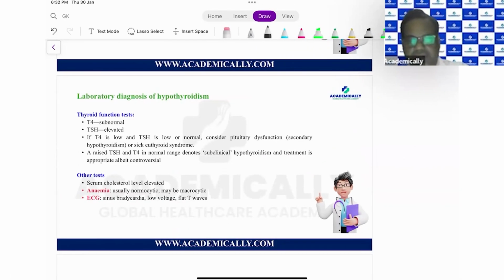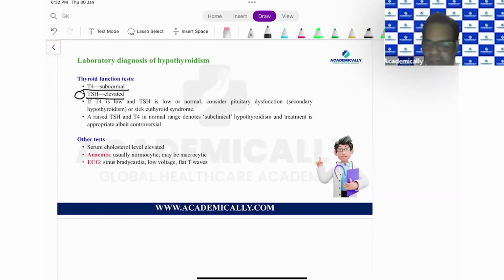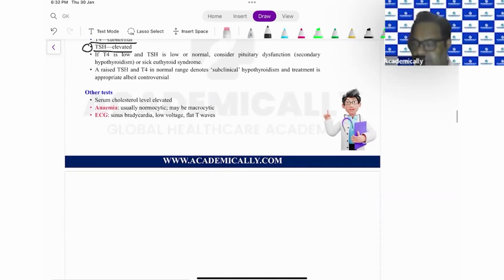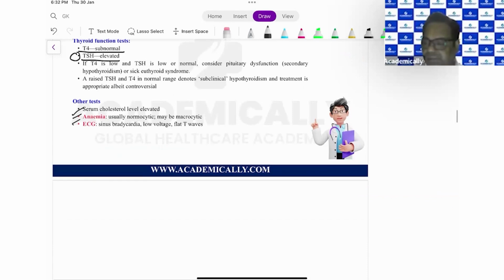In hypothyroidism, what is important? TSH. TSH will be elevated. In overt disease, T4 will be low. And if both are in the same direction, that means there's a problem with the pituitary. Cholesterol may be raised. There might be anemia. The ECG might show bradycardia, low voltage, or flat T waves.